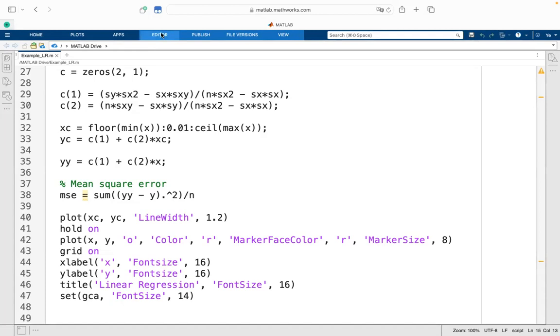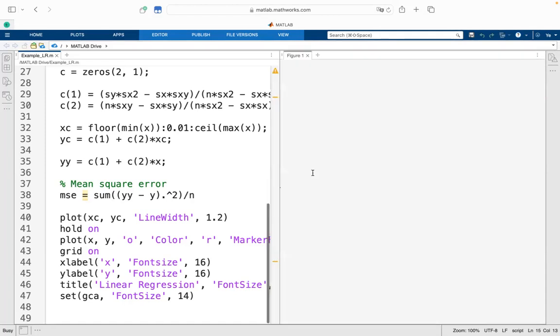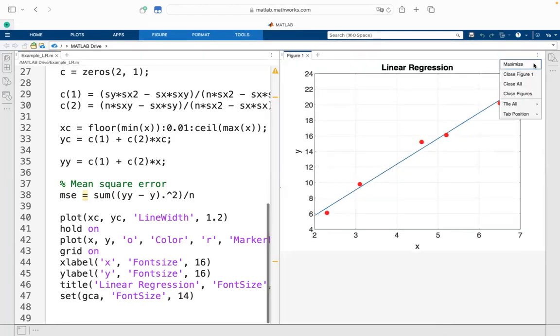Okay. So let me run this one and give you the solution. Okay, I think this is okay. So the blue line is the line we get from the calculation of C1, C2. The red dots are the original data, the 5 original data points. This line is the line of minimum error close to this data. So this is the linear regression.